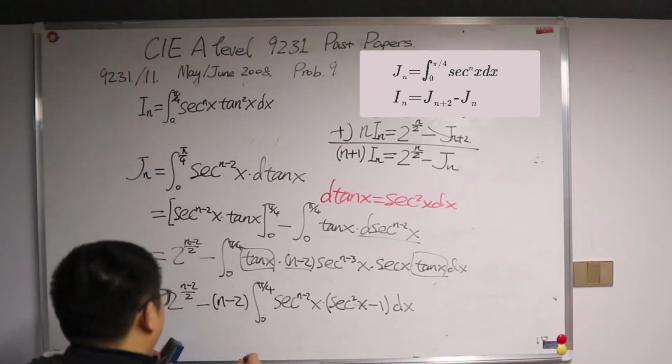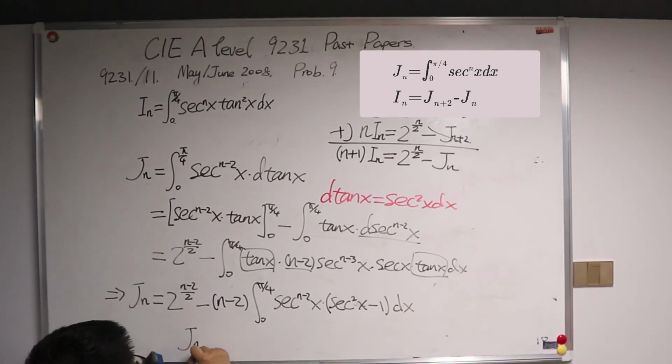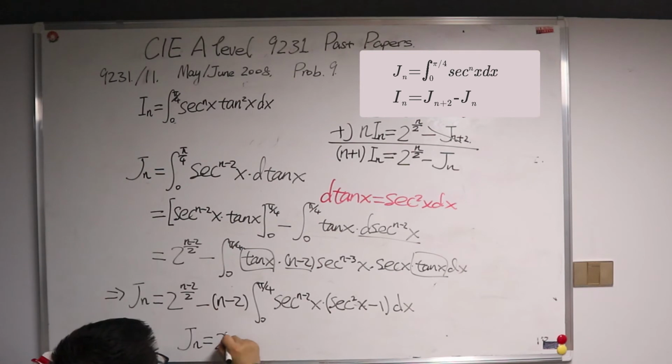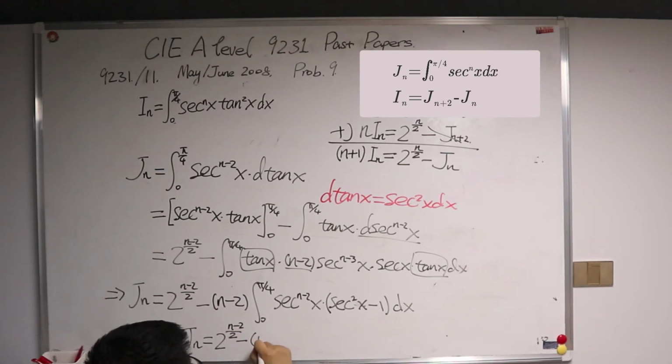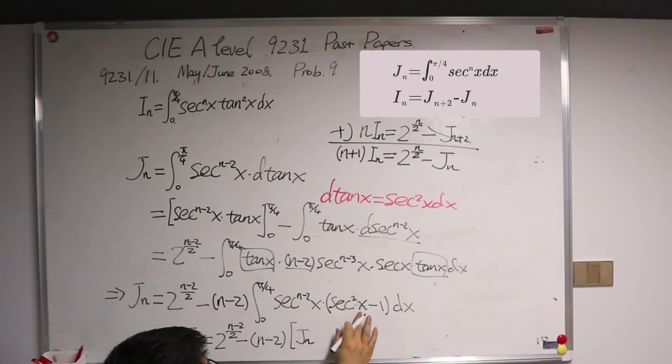So again we have Jn equals to 2 minus, here we have Jn minus Jn minus 2.